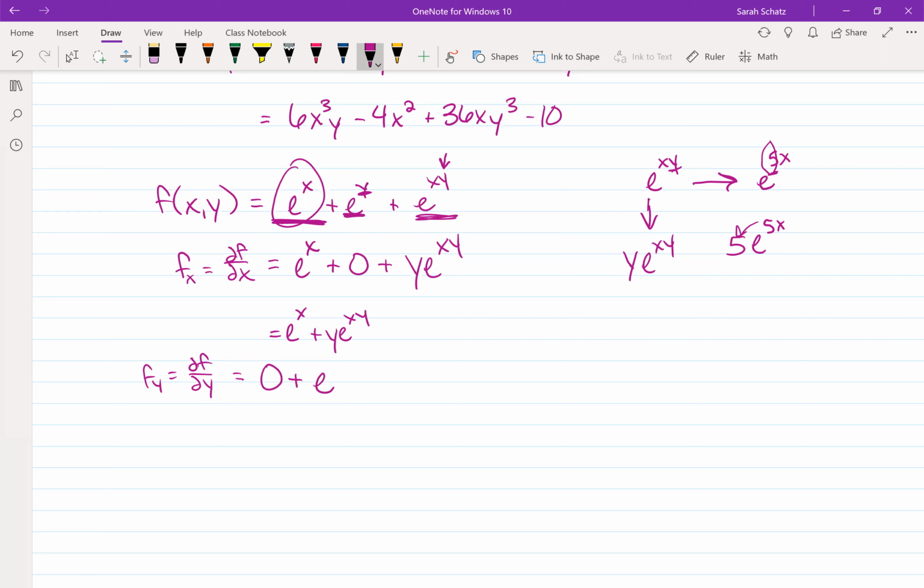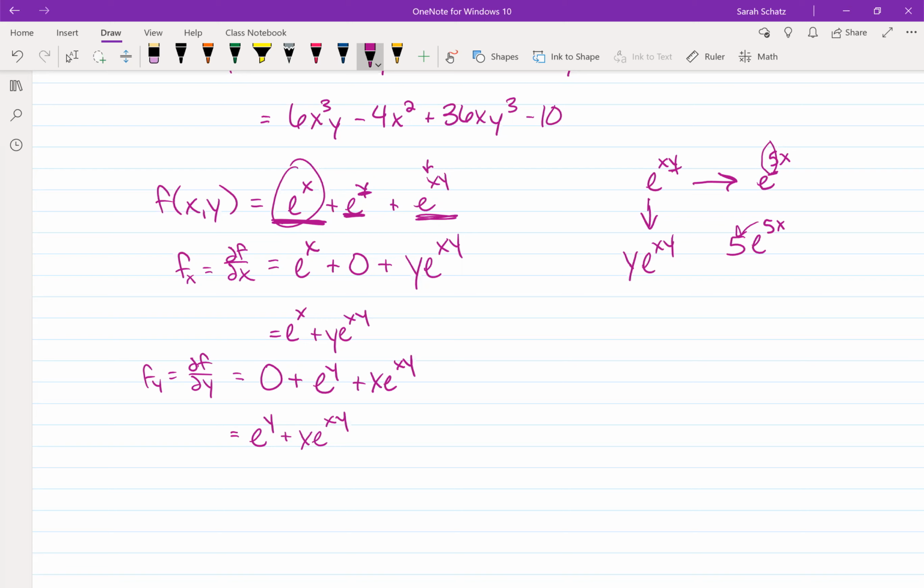E to the y is going to come down as e to the y. And then what's going to happen to e to the xy now? This time y is the variable, x is the coefficient on y, so it's going to be the one that comes in front. And I'm going to get x e to the xy. So I get e to the y plus x e to the xy.